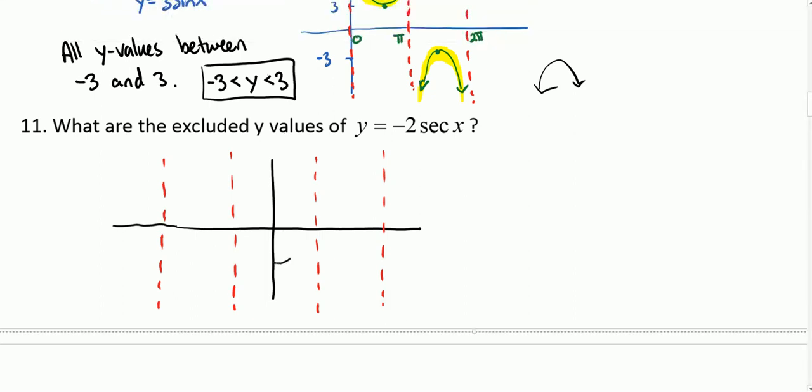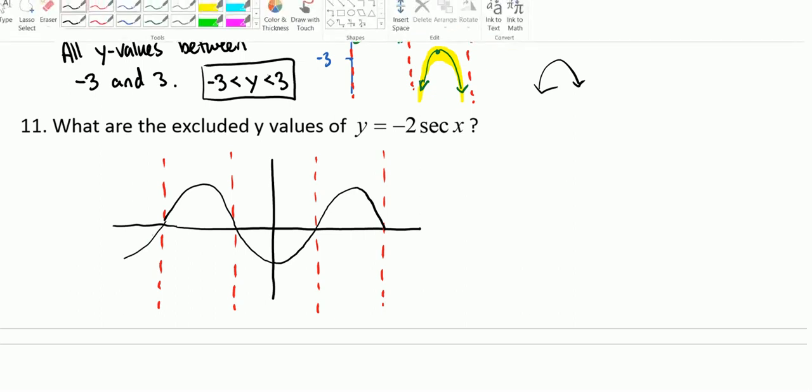Have the negative cosine. And so now that's just my helper graph.